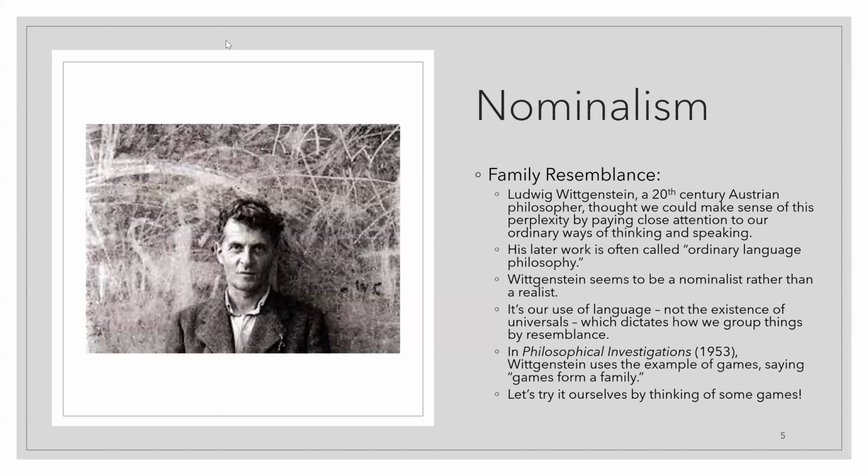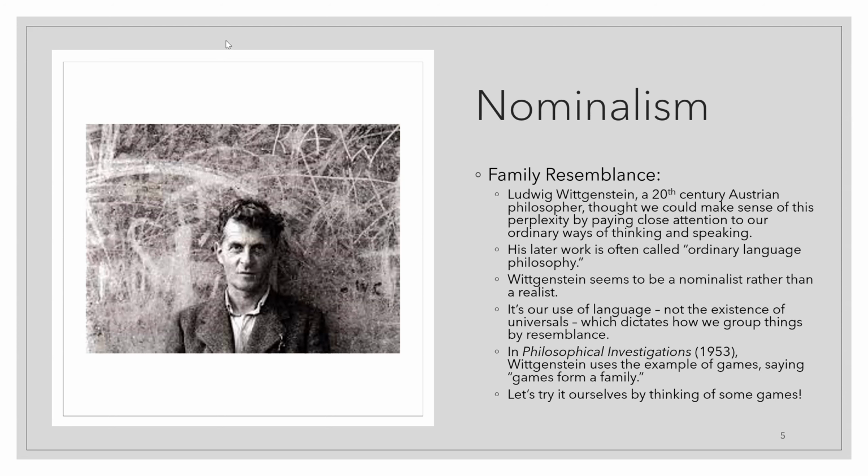All right, so here are some good ones. All of these we play with other people. That's one way they resemble one another. But in other ways, they're different. Some of them are played on a field, like soccer. Some are played on a board, like Scrabble or Monopoly or Catan.